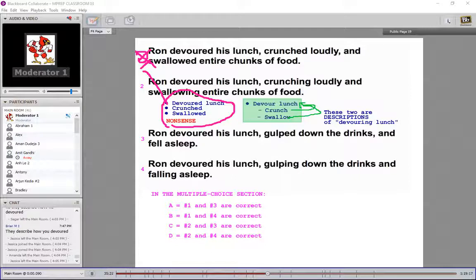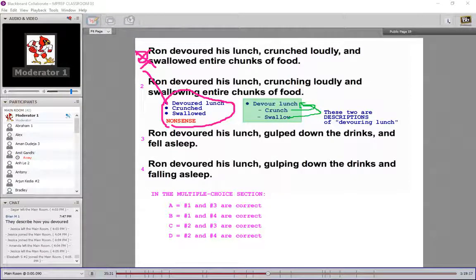Then sentence 2, we have this comma ing modifier. If you don't know about those, we've actually had study hall sessions specifically on that type of modifier. But comma ing, in this case, there are two parts to that. There's two INGs. But this is all one big comma ing modifier.